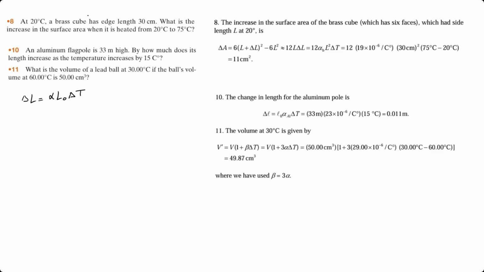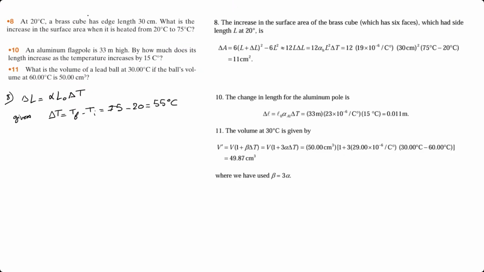So I have the temperature change. Essentially, in question 8, I am given delta T, which is T final minus T initial. This is equal to 75 minus 20, which is 55 degrees Celsius.